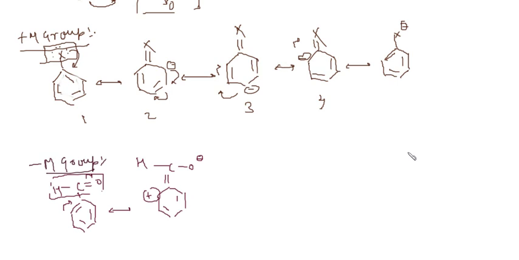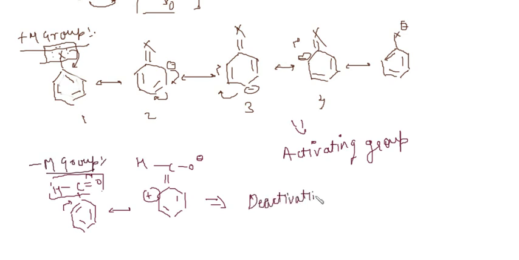When we talk about plus M, it is donating electrons to the benzene system. That is why it is called an activating group. And when the group is taking electrons from the benzene ring, it is called a deactivating group.